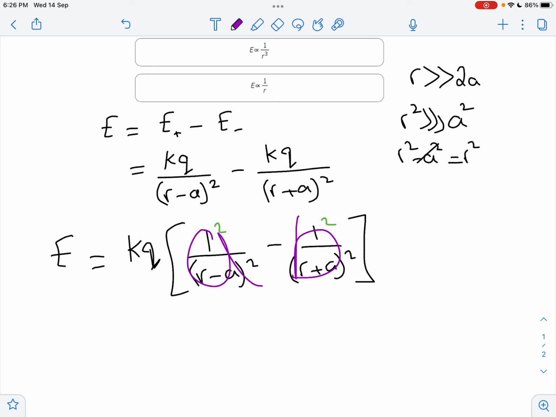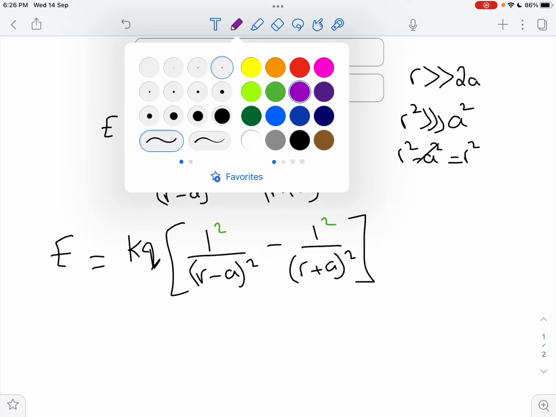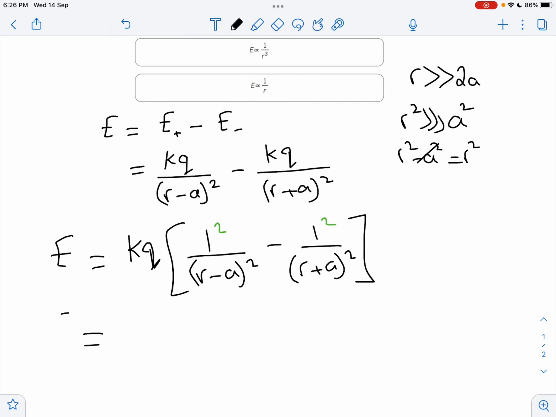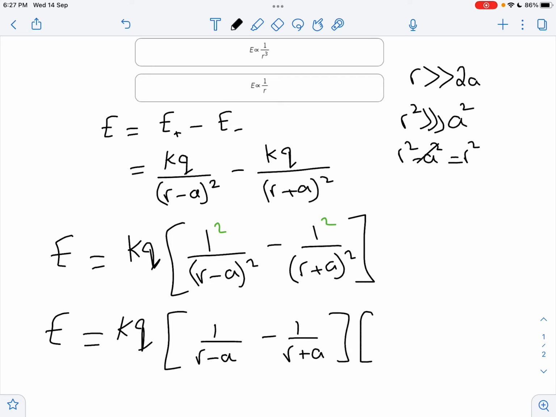So it's A squared minus B squared. And you know this mathematical identity gives you A minus B into A plus B.